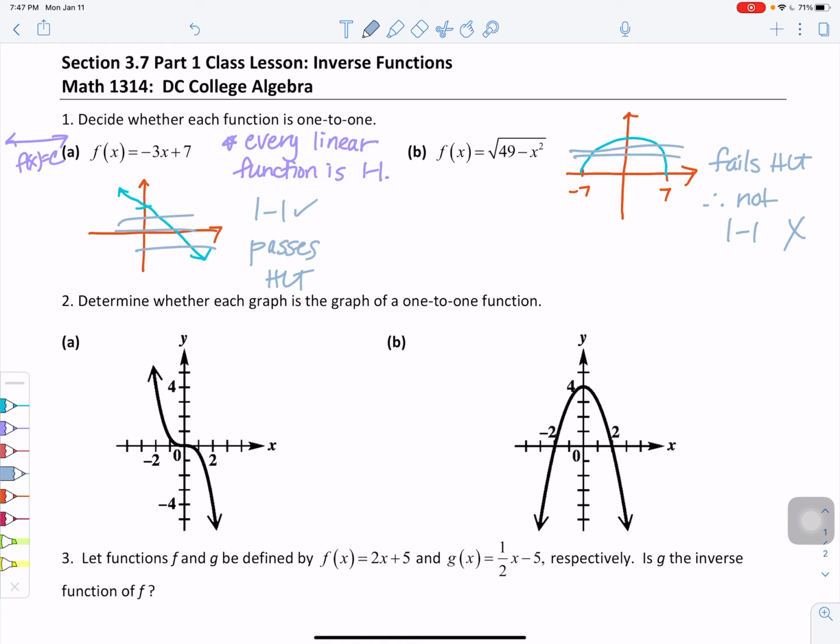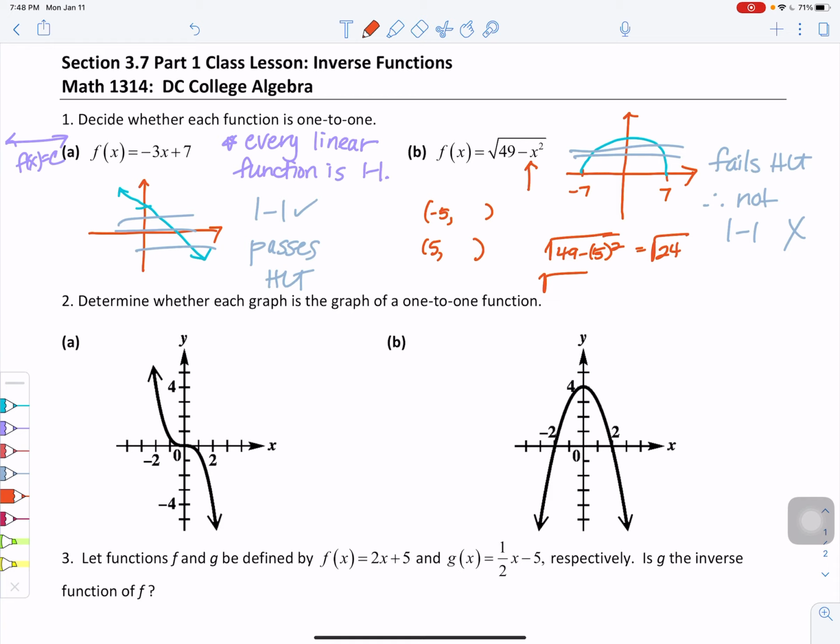Something else I want you to think about is for a function to be one-to-one, you cannot have any repeated x or repeated y values. So you could actually let x equal, let's say, -5 and +5. If you plug that in, you'd have the square root of 49 minus 5 squared, and you'd get the square root of 24.